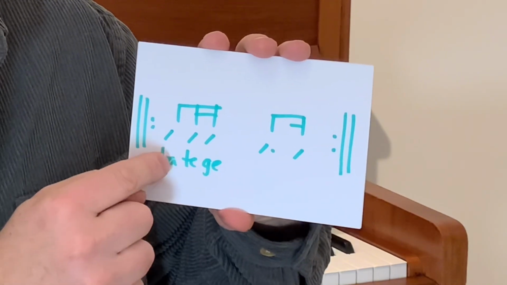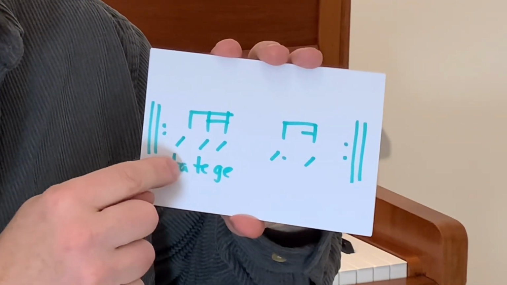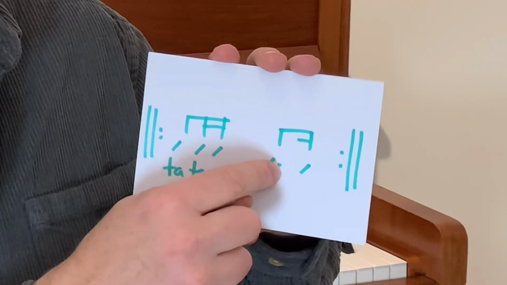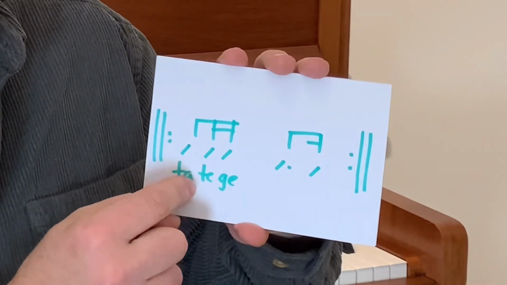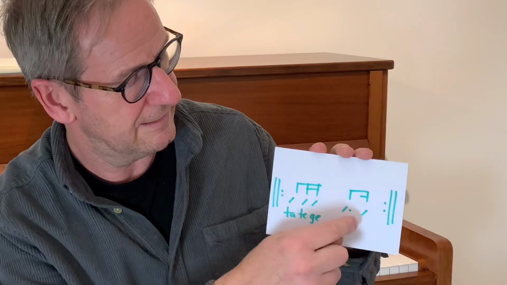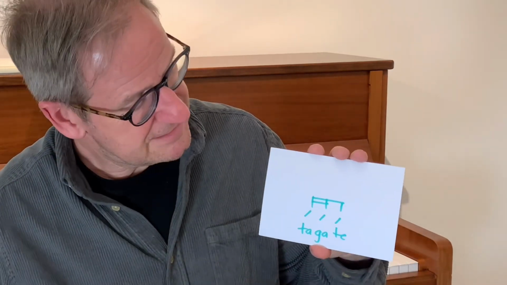Let's practice that. We have ta 3, 4. Ta teke, ta eke, ta teke, ta eke, ta teke, ta eke, ta teke, ta eke. Very simple. And guess what comes now?